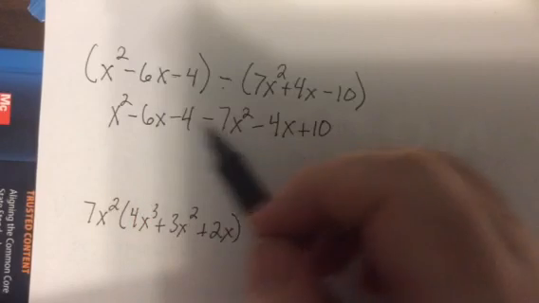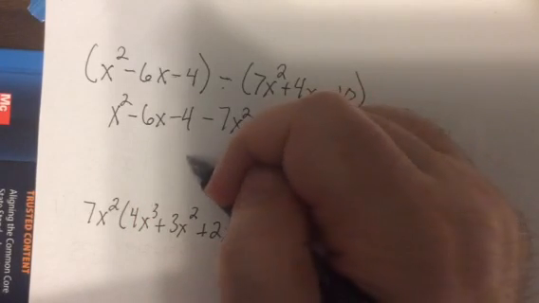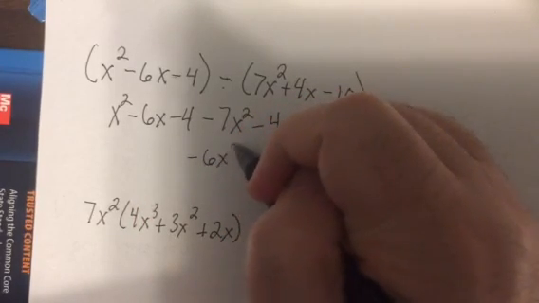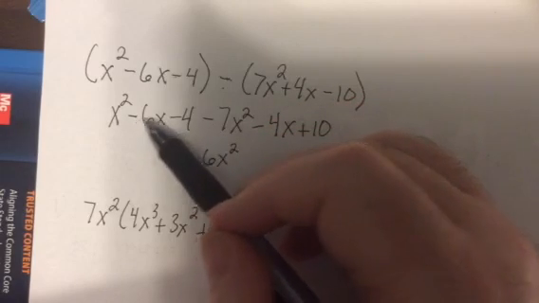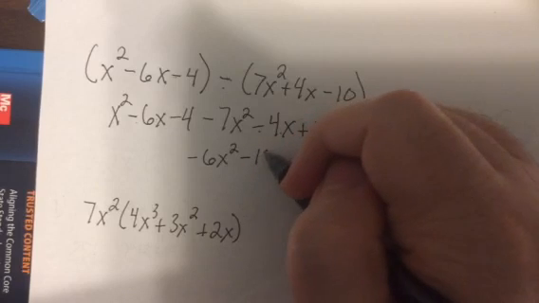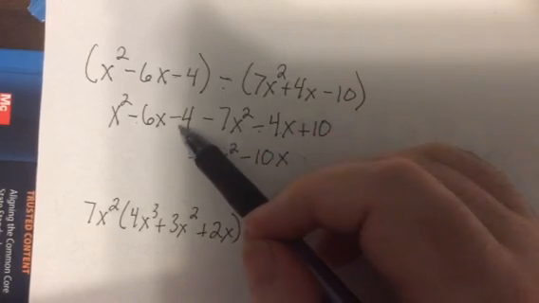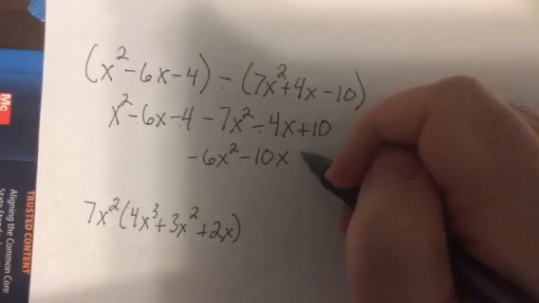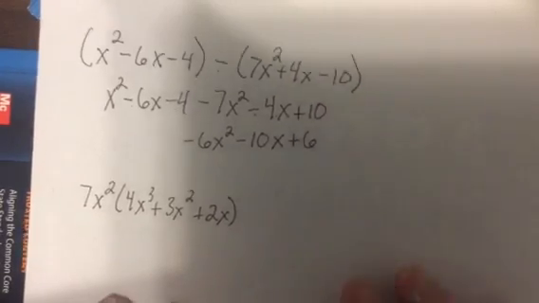So x squared minus 7x squared is minus 6x squared. Minus 6x minus 4x is minus 10x. And minus 4 plus 10 is plus 6.